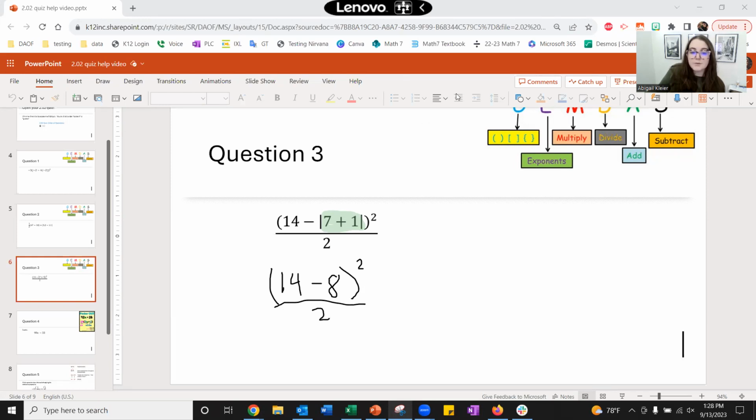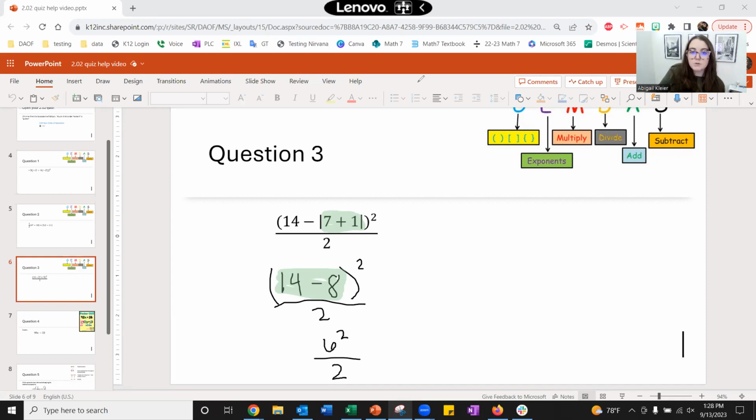We still have parentheses or grouping symbols. So we have to solve what's inside the grouping symbol first. 14 minus 8 is 6. Write down everything else.